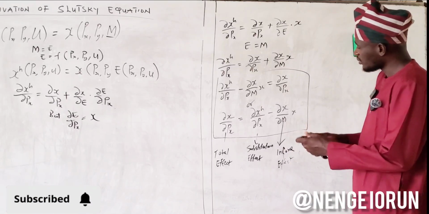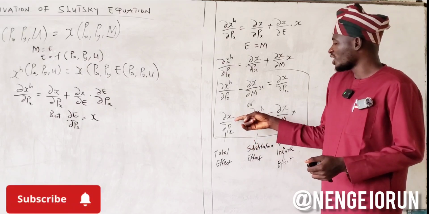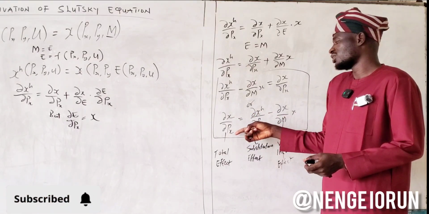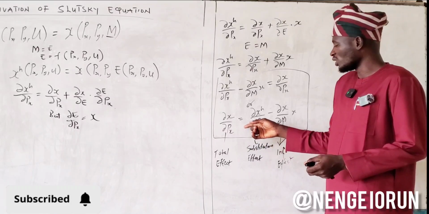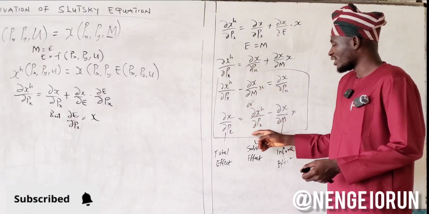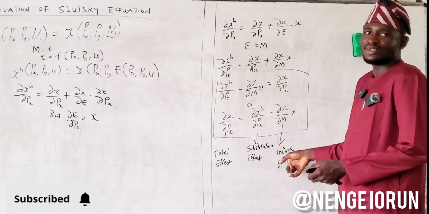So this is what is called the Slutsky equation. A small change in the price of a commodity along an ordinary demand function is now decomposed into the substitution effect and the income effect.